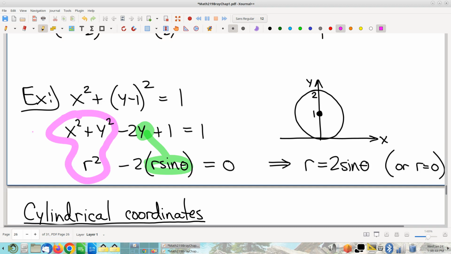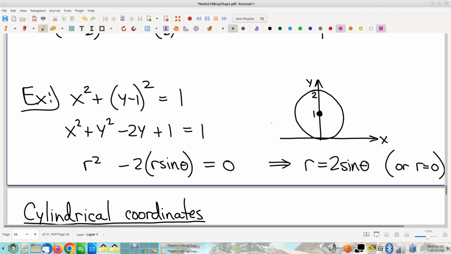Rather than plug in directly from the first equation, blinders on, plug in x equals r cosine theta right here, and y equals r sine theta right there, and then multiplying it out, you get a bunch of trig that you then have to deal with. And conveniently, if you square this out first and move terms around, sometimes you can shortcut some of that otherwise ugly trig. So be on the lookout for those kinds of opportunities.